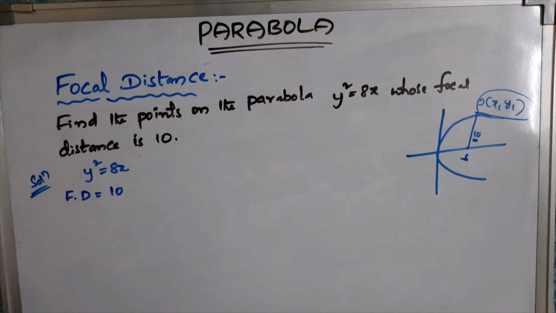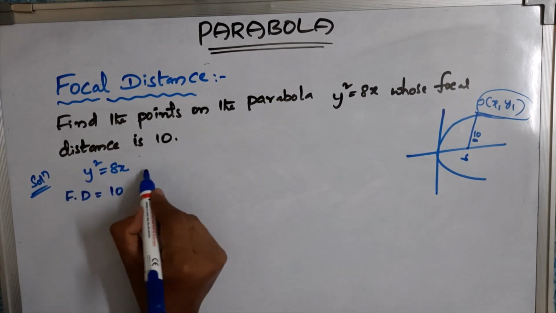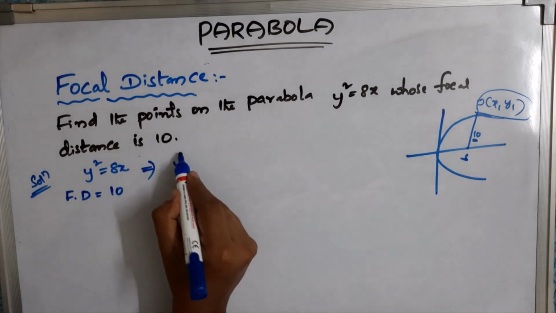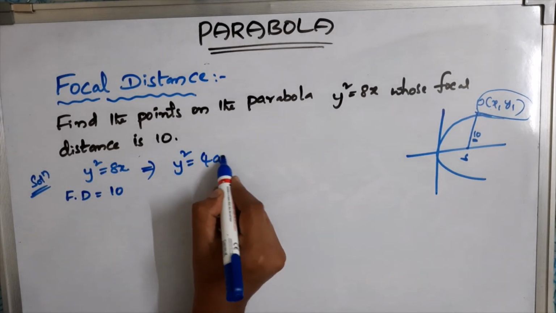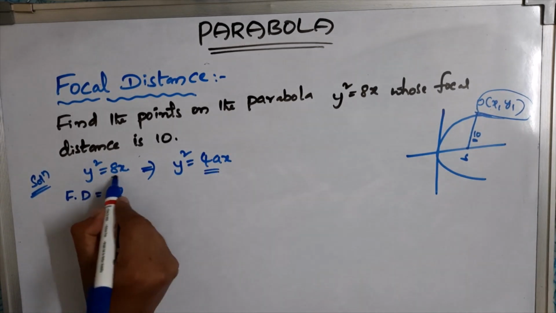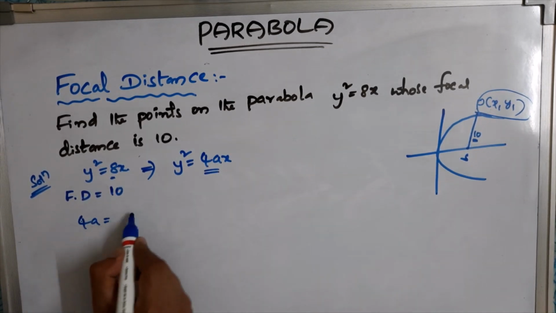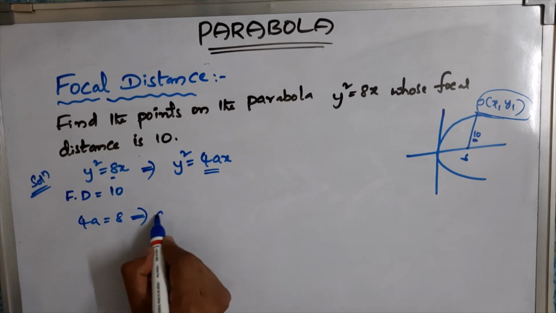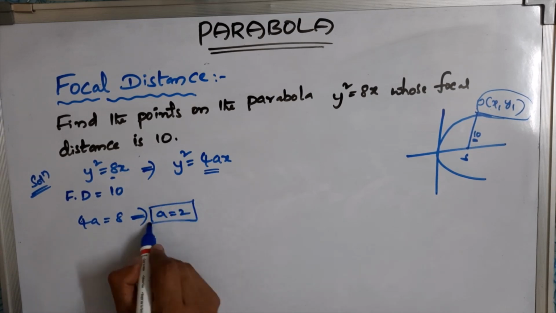If you compare y squared equals 8x with y squared equals 4ax, then you will get 4a as 8. 4a is equal to 8, so a is equal to 2.